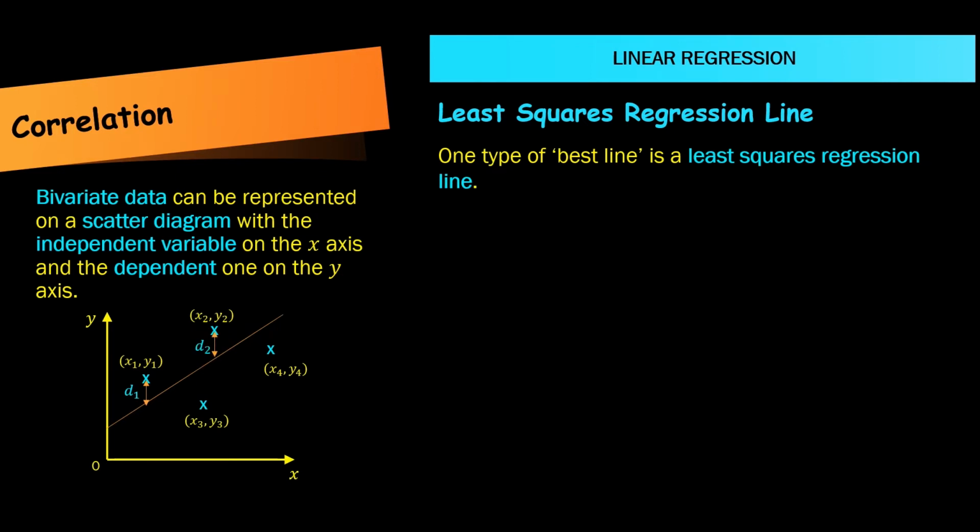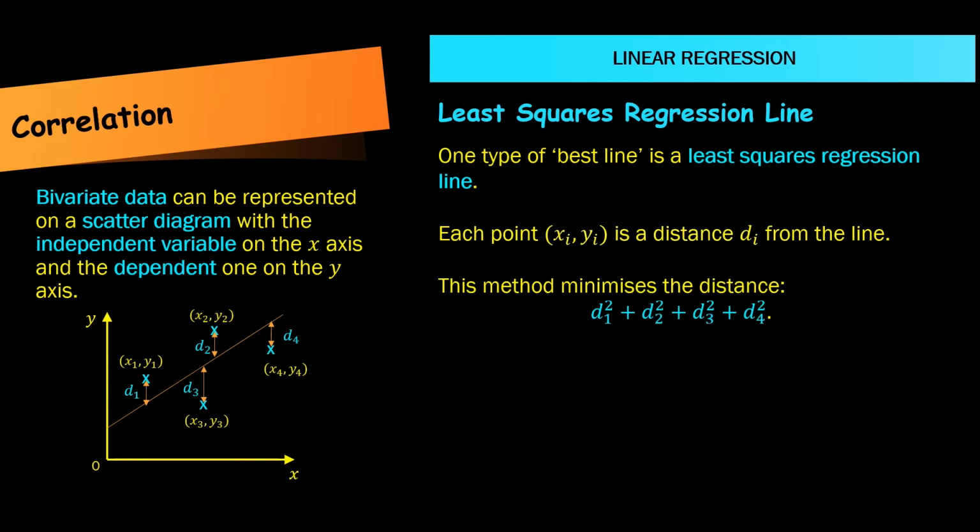Similarly, the distance between x2, y2 and the line is called d2. The distance between x3, y3 and the line is called d3, and similarly for x4, y4. So each point xi, yi is a distance di from the line.